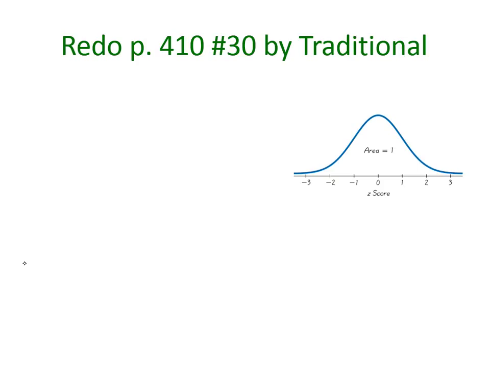If I'm doing the traditional method on number 30, we know alpha is 0.05. On number 30, is it a left-tailed, a right-tailed, or a two-tailed test? Okay, on number 30, it's a right-tailed test.